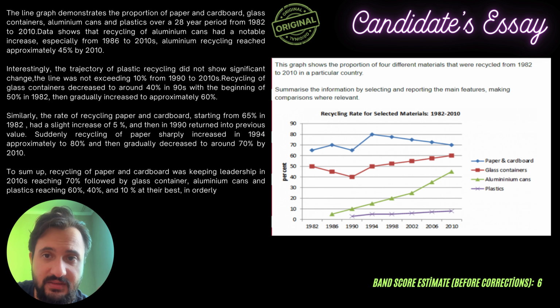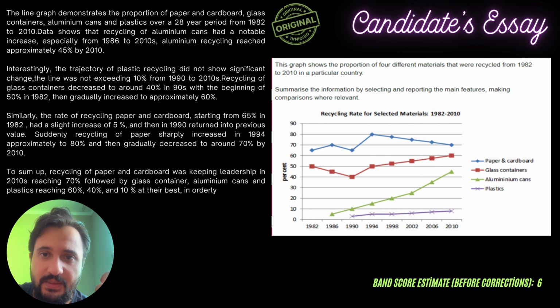So, run-on sentence, another version. Data shows that recycling of aluminum cans had a notable increase, especially from 1968 to 2010. Aluminum recycling reached approximately 45% by 2010. But, again, S is a problem. This is a run-on sentence, because two independent clauses are joined without proper punctuation or a conjunction.